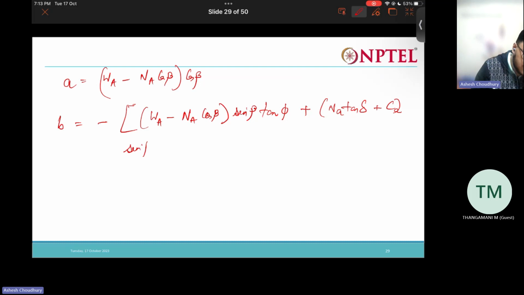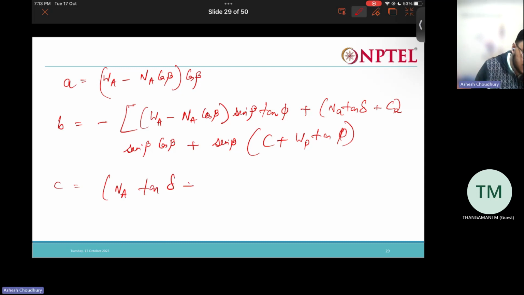Times sin beta cos beta, times C plus 2P, and A delta, CA, C beta.